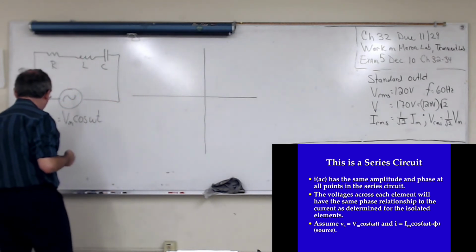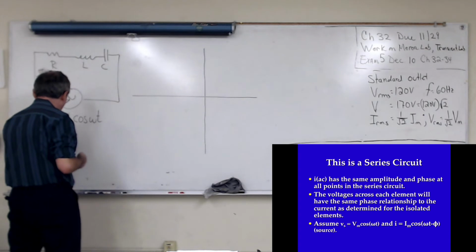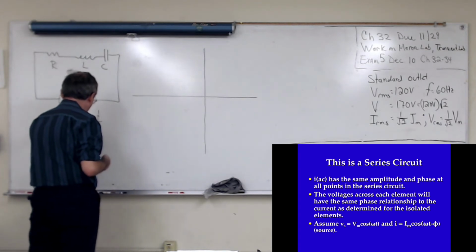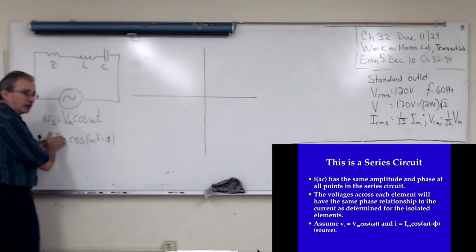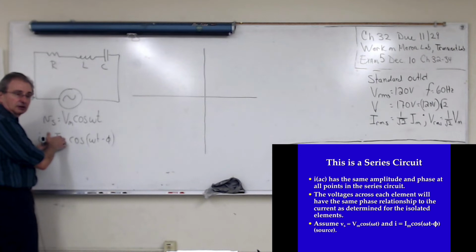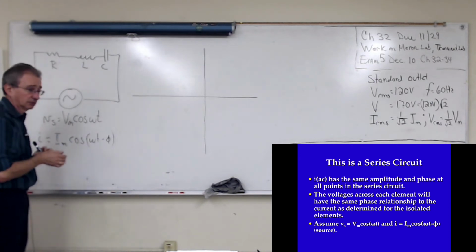We can write I as I sub m cosine of omega t minus phi and figure out what phi is. So we can write I as a function of time explicitly, but we're more interested in this, or the RMS value.